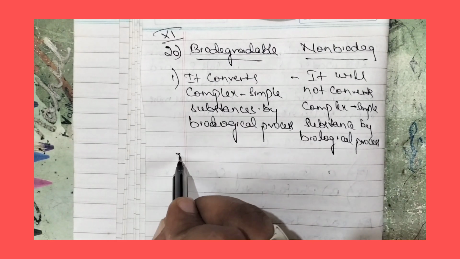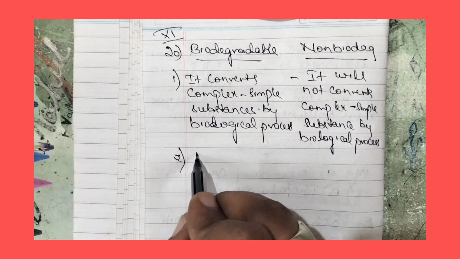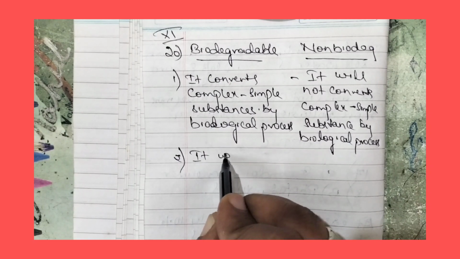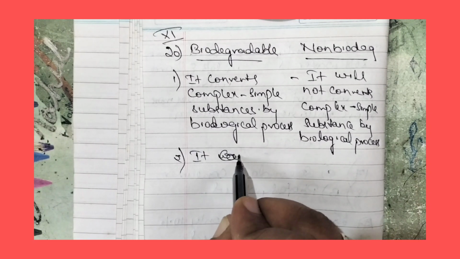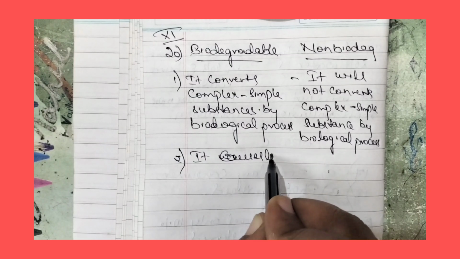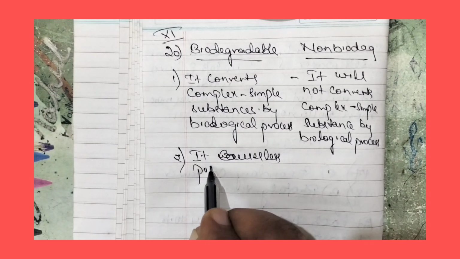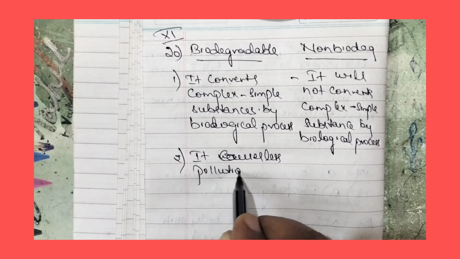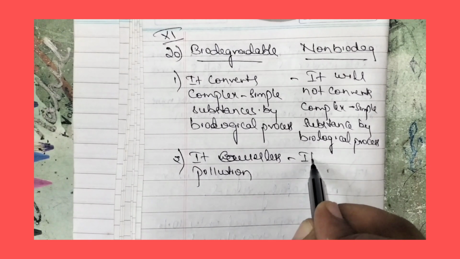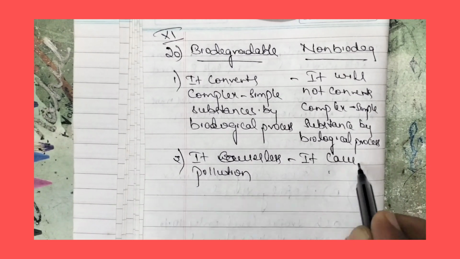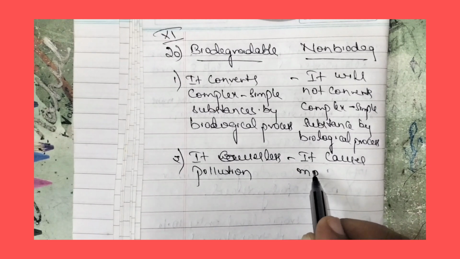The second difference: biodegradable substances cause less pollution, while non-biodegradable substances cause more pollution.